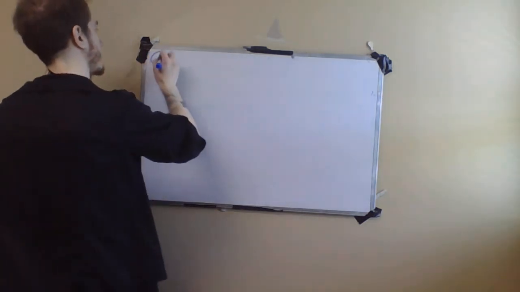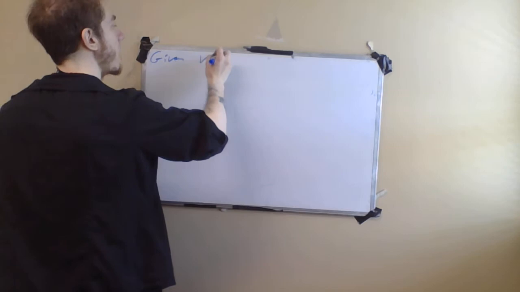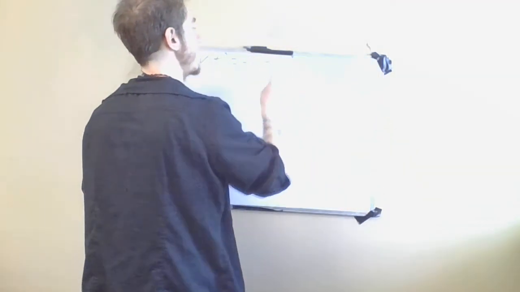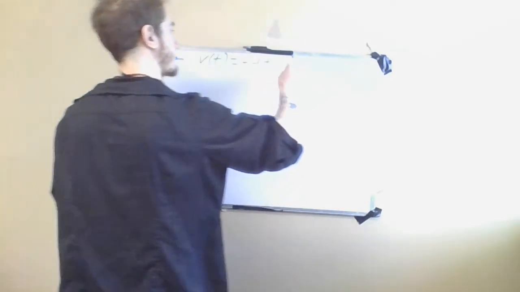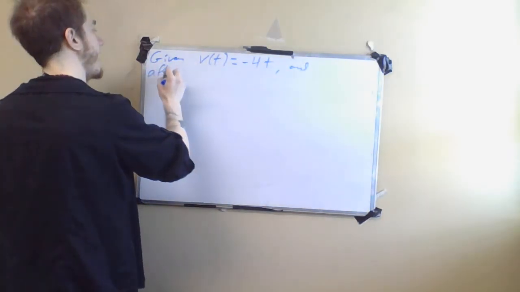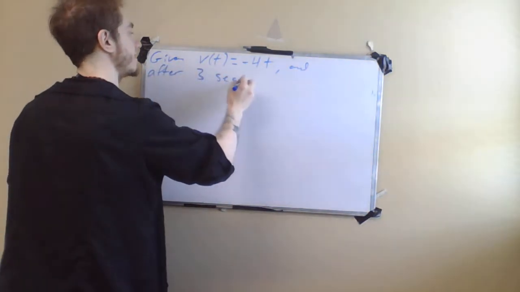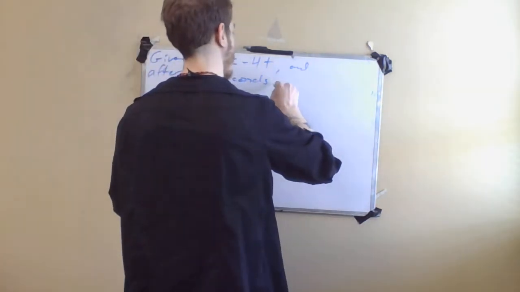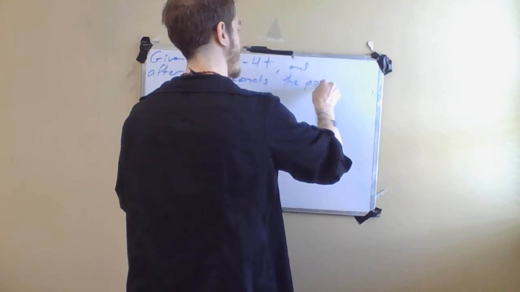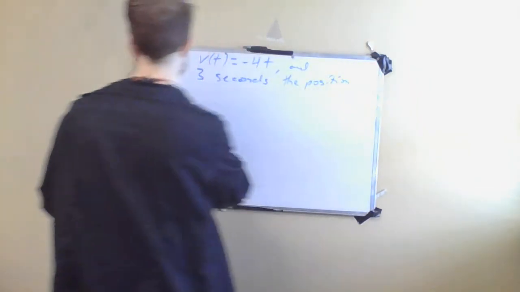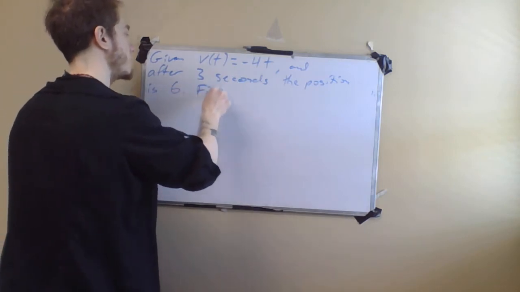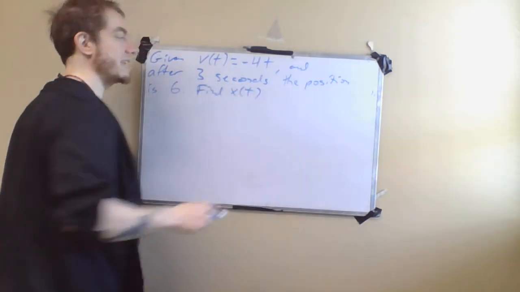Let's say that this time we are given that the velocity as a function of time is equal to negative 4t, and after 3 seconds, we will assume here t is measured in seconds, the position is 6. And we want to find x of t in general.